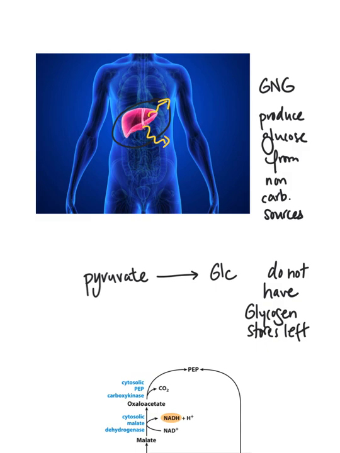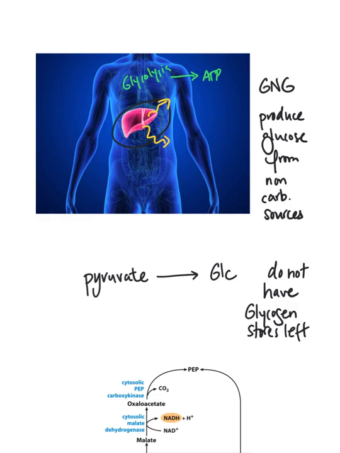So when the glucose goes to the other tissues, glycolysis will occur there in those other tissues to make ATP to do all the cellular work those tissues and cells need to do.